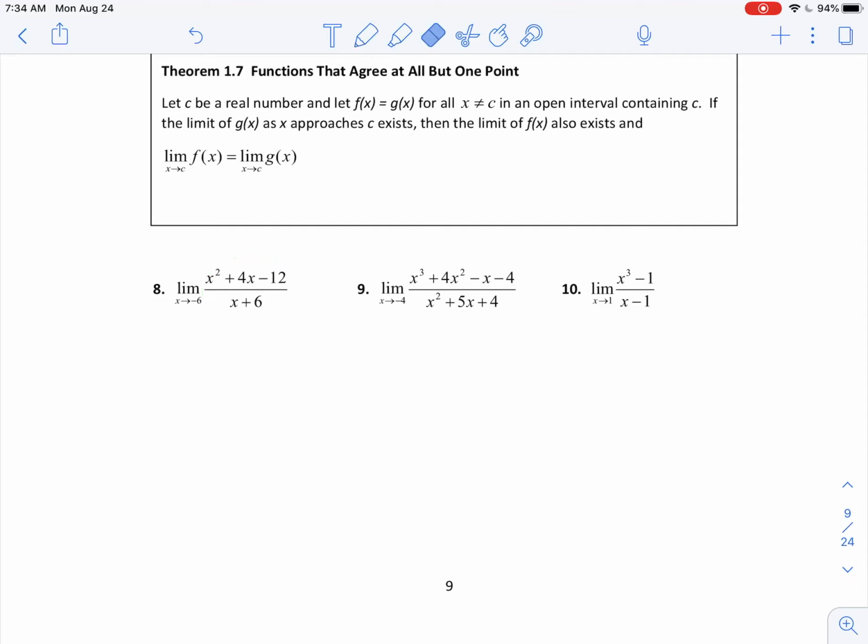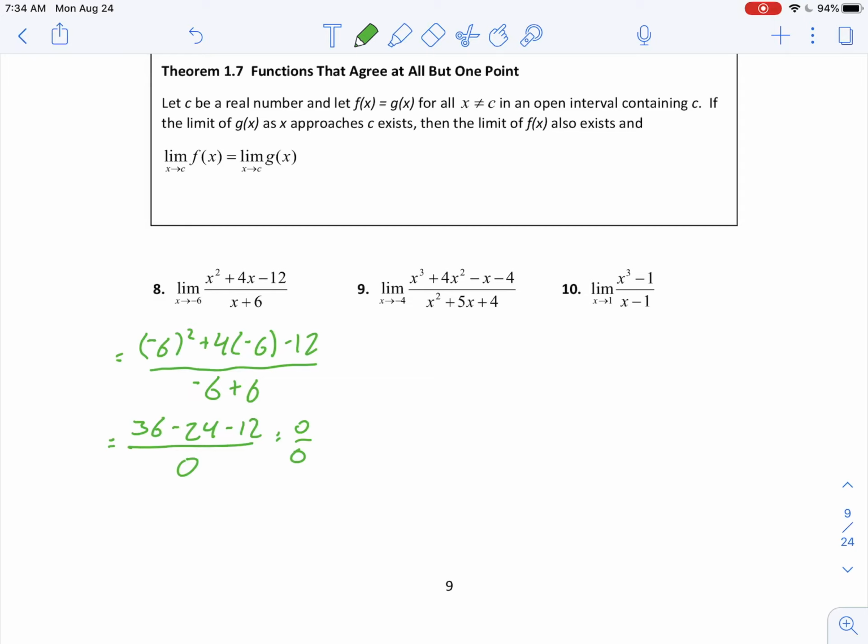If I take the limit as x approaches negative 6, I'm going to get negative 6 squared plus 4 times negative 6 minus 12 over, now I see a problem right here, negative 6 plus 6. So what I'm going to get is 36 minus 24 minus 12, which is, over 0, which is 0 over 0. This is called the indeterminate form.